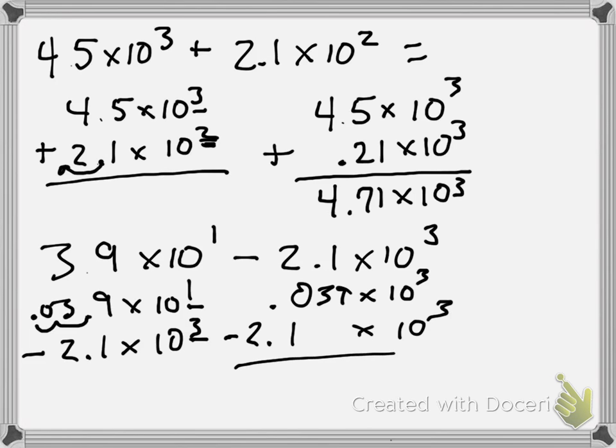So you would get 9, 3, not 3, that would be 6. It would be a 6 here, not a 9. So we get 6, 1.069.